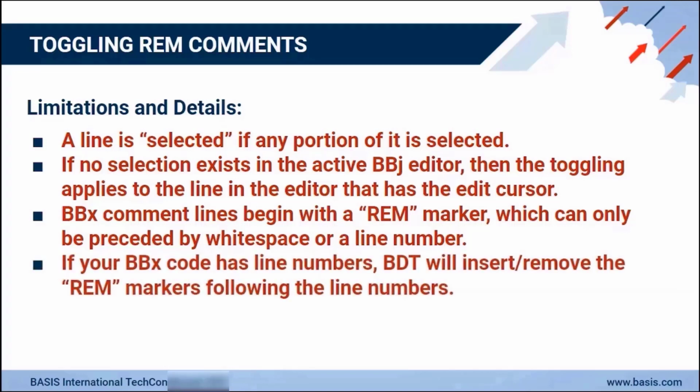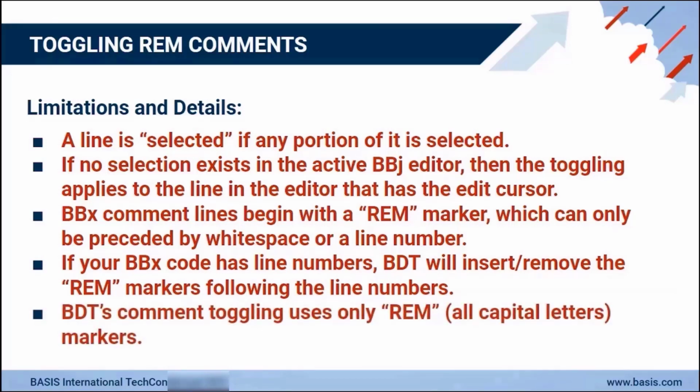Also, if your BBX code has line numbers, then BDT will insert and remove the rem markers following the line numbers. Remember, BDT's comment toggling uses only rem all capital letter markers. So if for some reason you want to have mixed case rems, they won't be uncommented when you go to untoggle them. And all of the ones that it inserts for you will be capitalized.